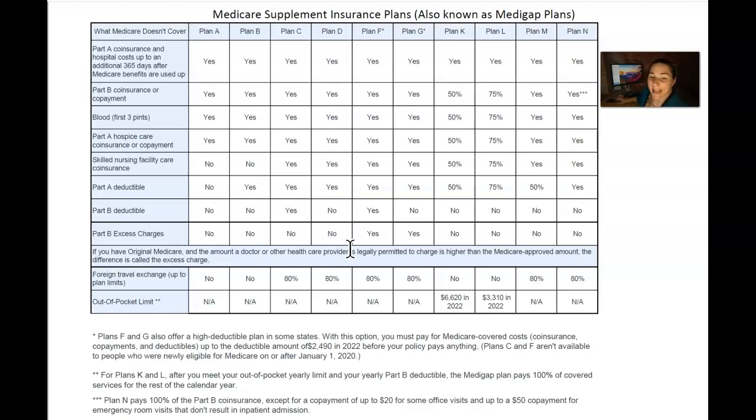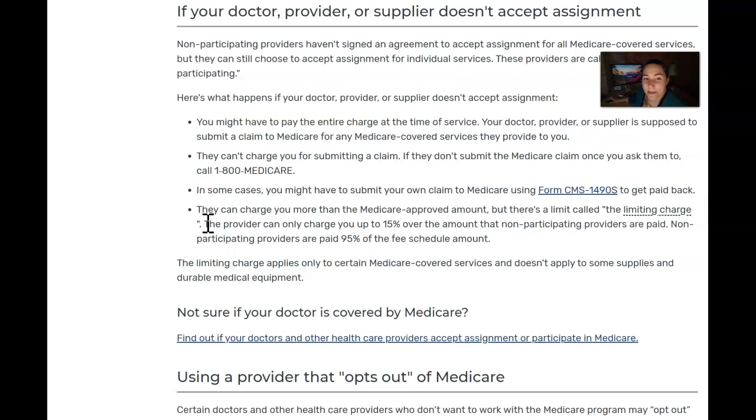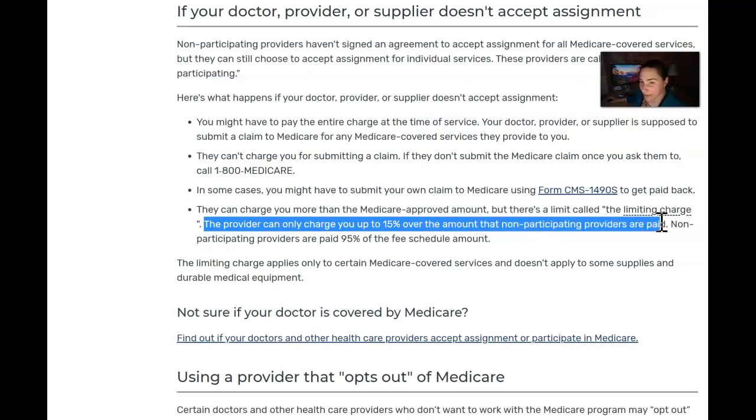And if we look at the Medicare.gov site, it says right here, the provider can only charge you up to 15% over the amount that non-participating providers are paid. Participating providers are paid by that Medicare menu or Medicare assignment. That means that when you go for your services, they accept Medicare's payment as the full amount of payment and nothing else is charged over that amount.